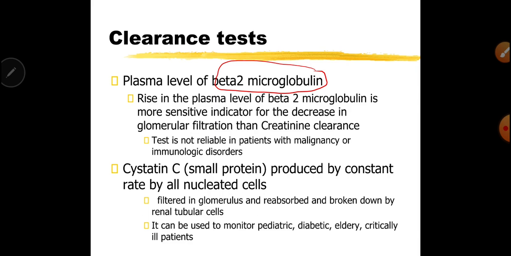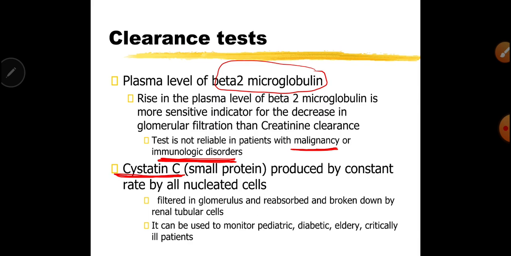But the problem with this test is that it is not effective in cases of malignancy or when the patient has an immunologic disorder, because in these cases the beta 2 microglobulin will be produced at a higher rate and will be elevated in the blood circulation, and this elevation is not related to kidney function. So it is not effective for these cases.